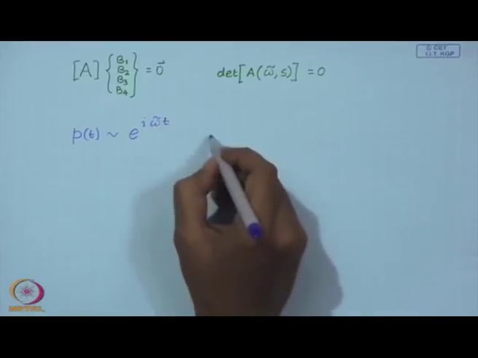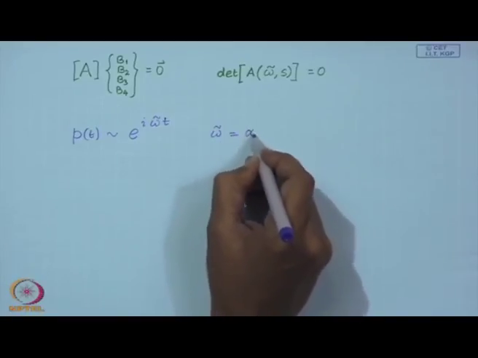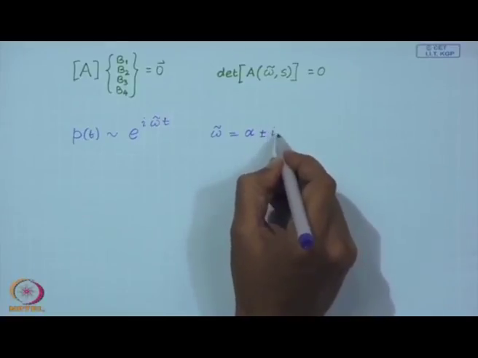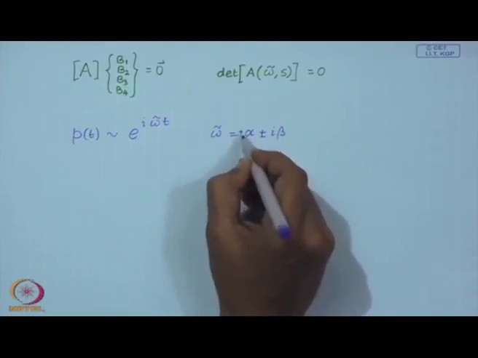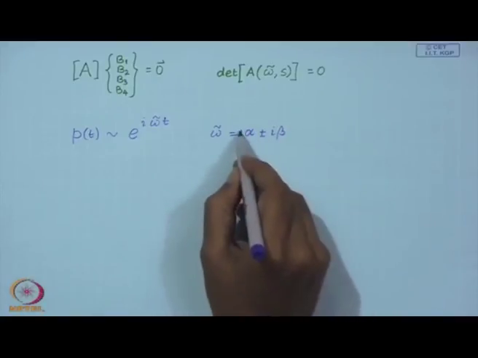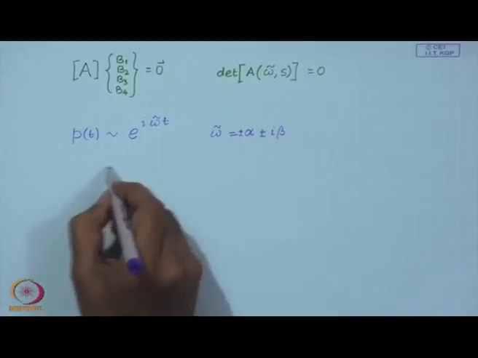Therefore, you have solutions, so these were the solutions. Now, if omega becomes complex, as you have seen in the root locus, you have both plus or minus alpha plus or minus i beta.